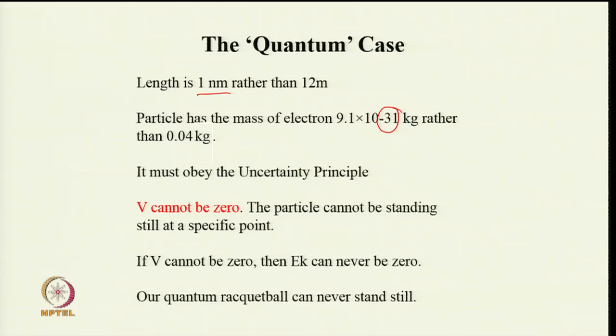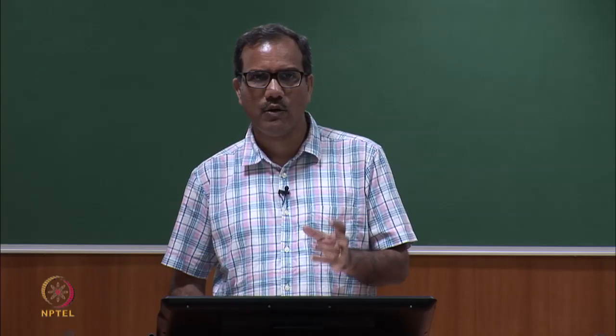So, if velocity cannot be 0, then kinetic energy can also not be 0. So, a quantum racquetball can never stand still, and the energy of the ball can never be 0.